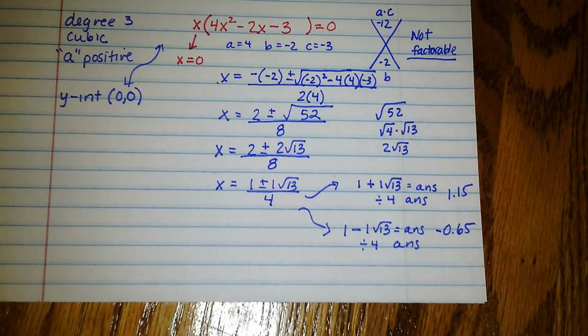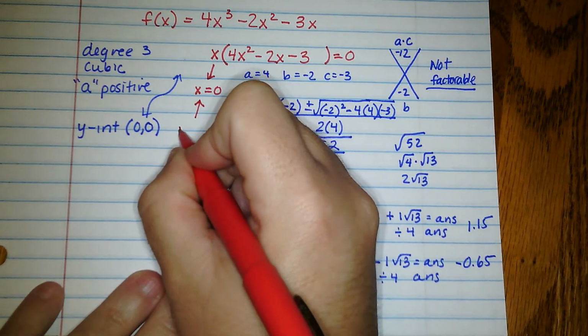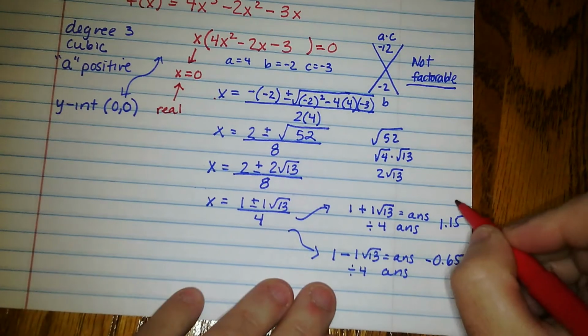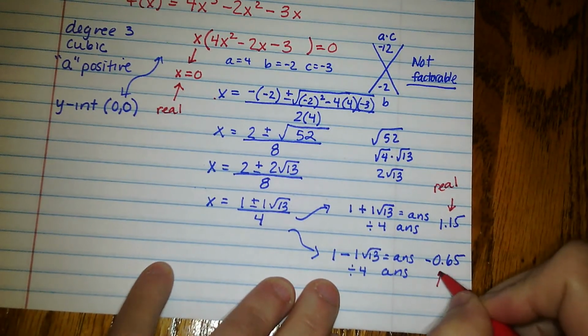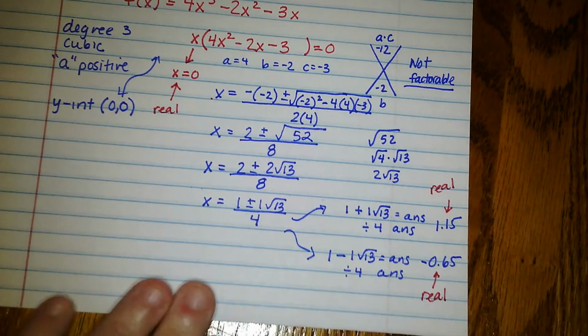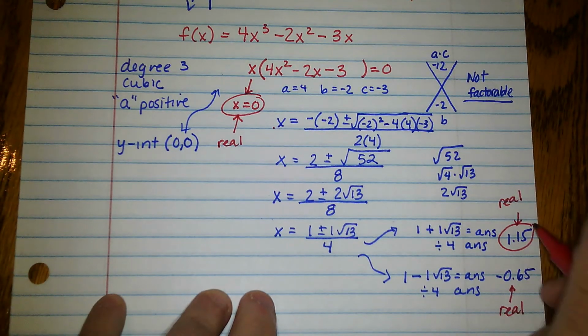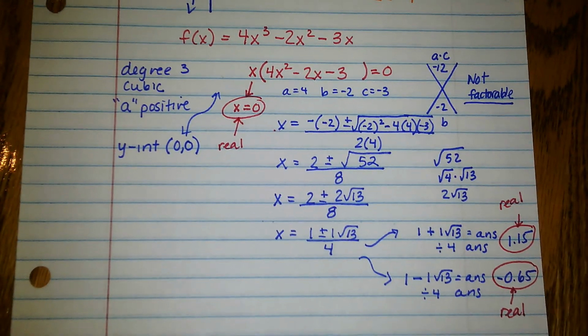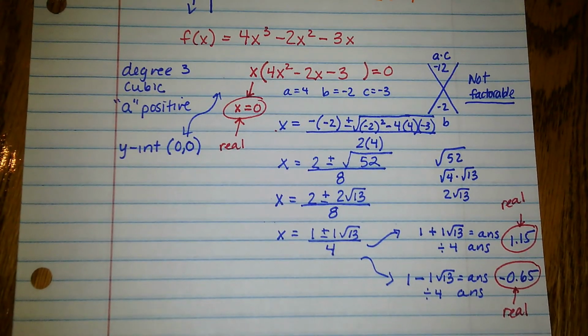Guys, that means that we have 3 real values. This is a real root. This is real. It's just ugly. And this is real. It's just ugly. So there's 3 values that this cubic is going to cross that x-axis. So not every time you do quadratic formula is it going to be complex. Sometimes it's just going to be ugly, which is what happened here.